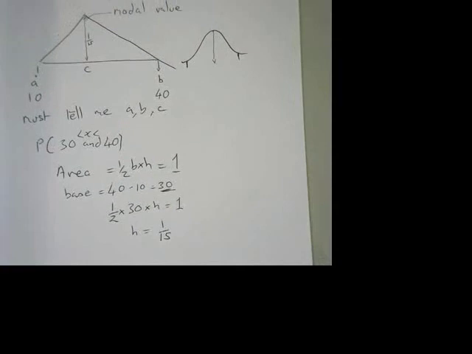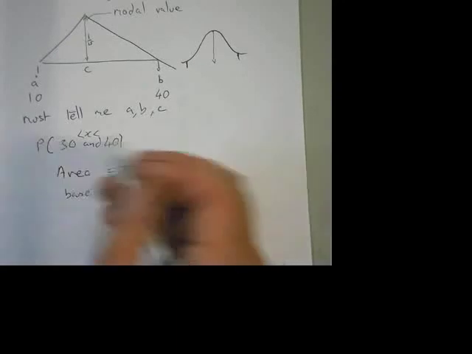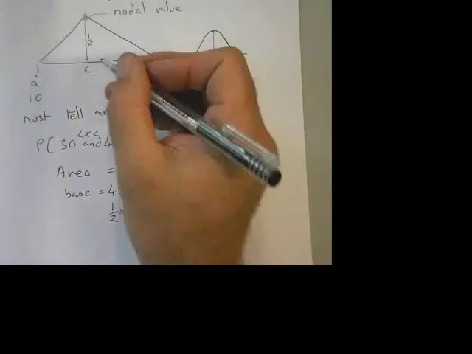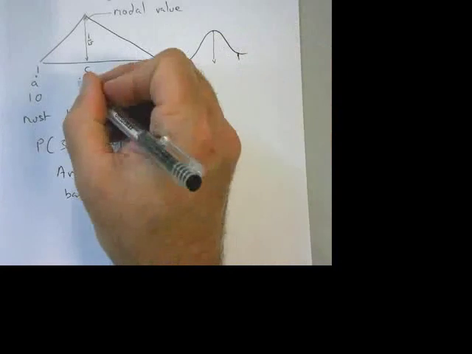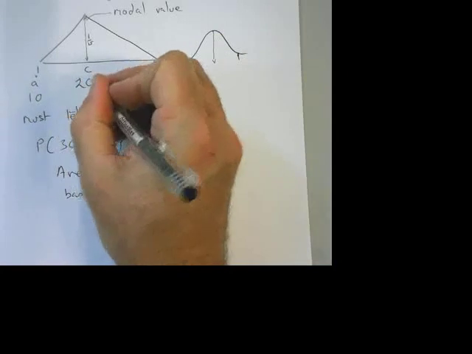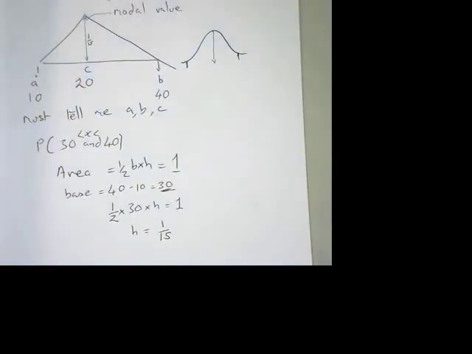Now, what you also need to know at this point is you need to know what C was, don't you? Okay, so let's just, for argument's sake, say that C was, well, looks reasonable to say 20. So I'll tell you that C was at 20.